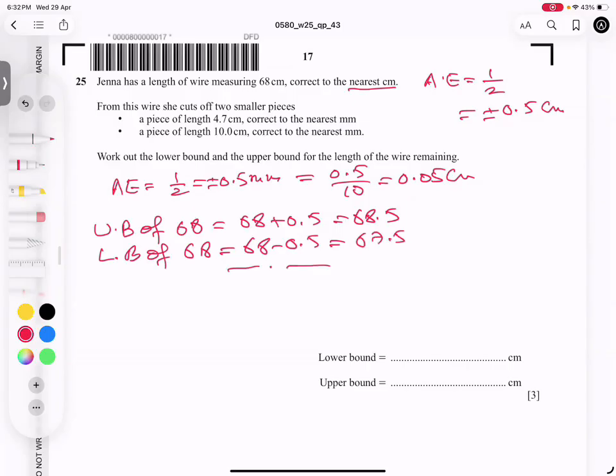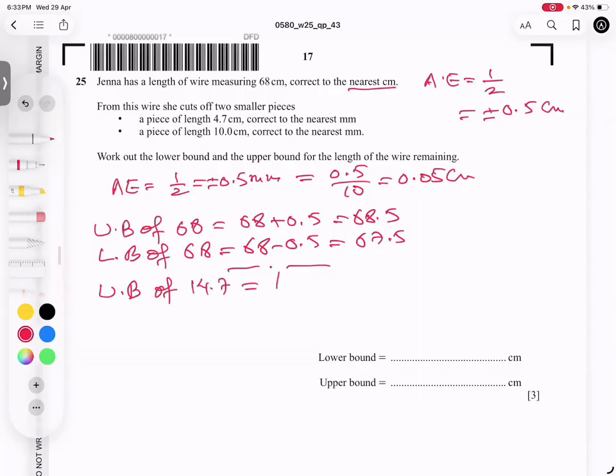Now I'm going for the upper bound and lower bound of these pieces. Two pieces are there. So we add the upper bounds and lower bounds of those pieces. If I add them, it becomes 4.7 plus 10, it is 14.7 basically.